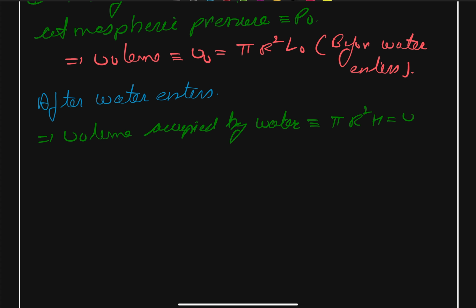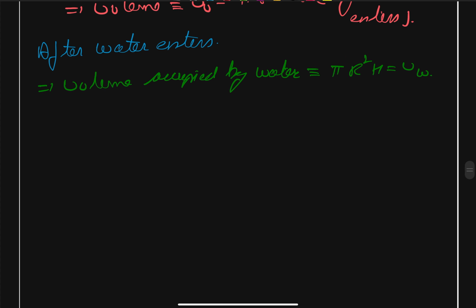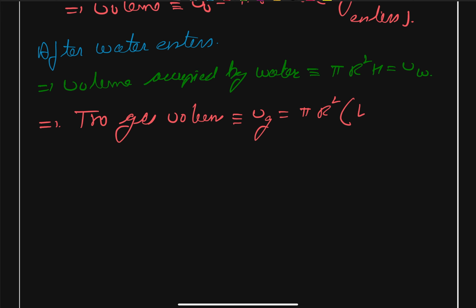Let us call this V_W. And from here we can also say that the gas volume, let us call this V gas, will be pi r square, and only the height will be reduced, that is L naught minus h.